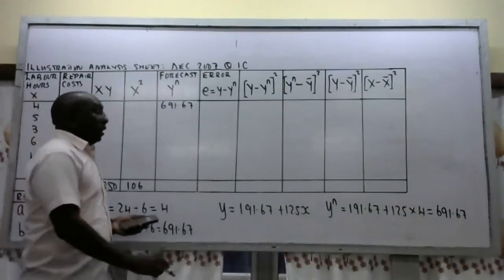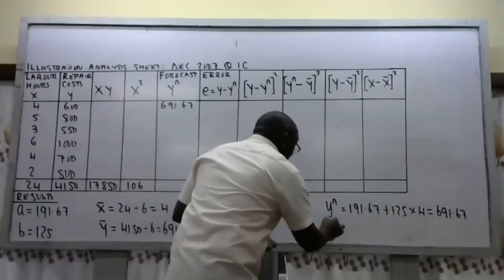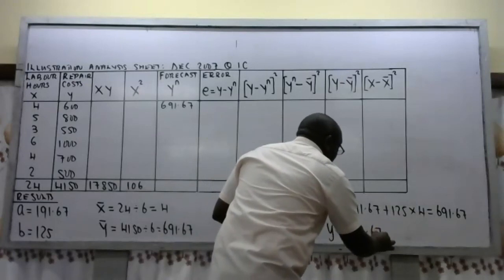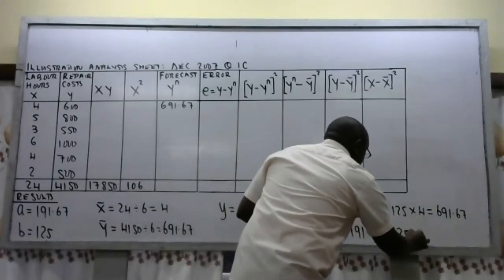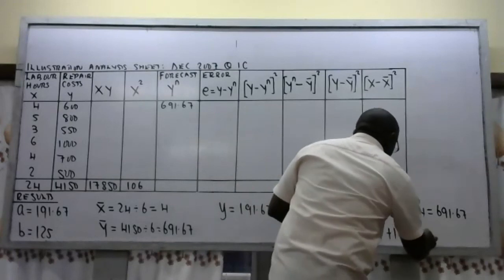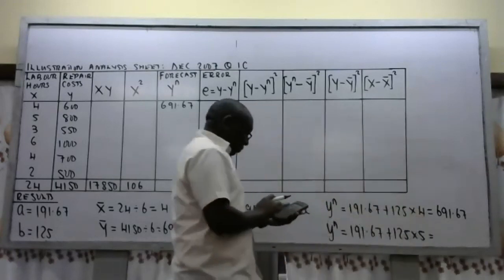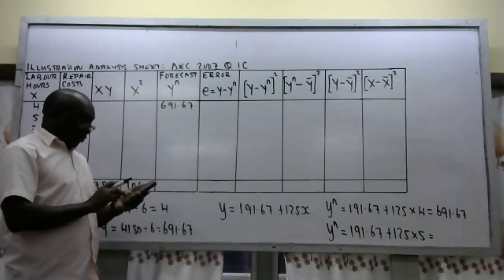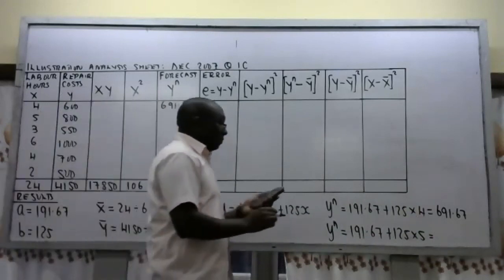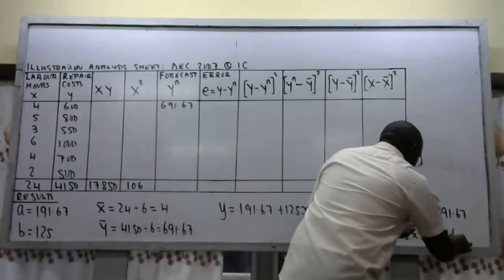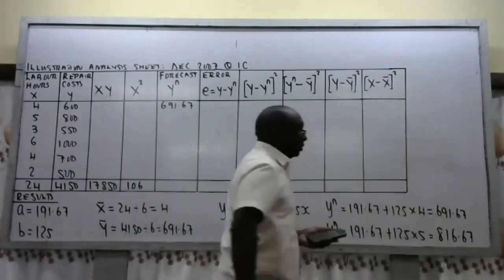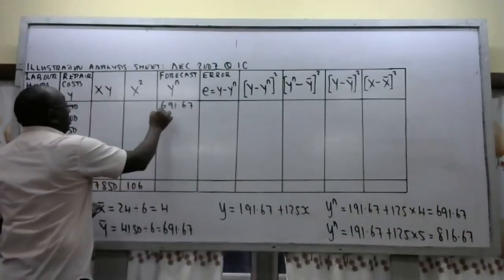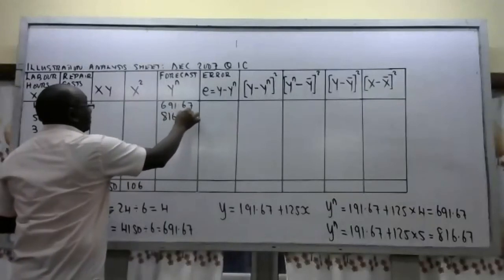Then the other one, y predicted, will be 191.67 plus 125 times 5. I'm getting 816.67.